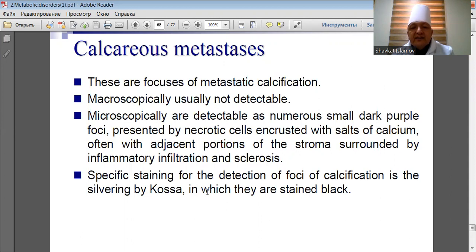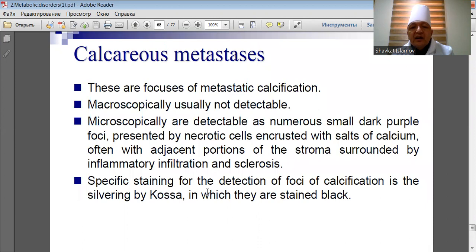Microscopically, it is displayed as numerous small, dark foci represented by necrotic cells encrusted with salts of calcium, often with stroma portions surrounded by inflammatory infiltration and sclerosis. Specific staining for the detection of foci of calcification is the von Kossa stain, in which they are stained black.